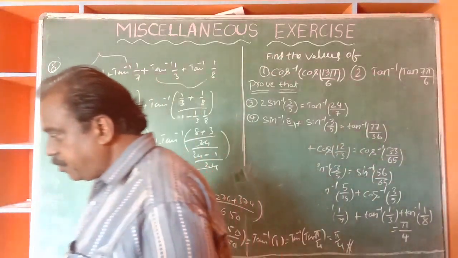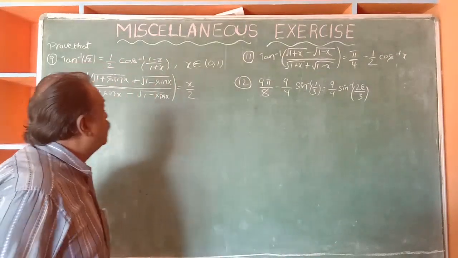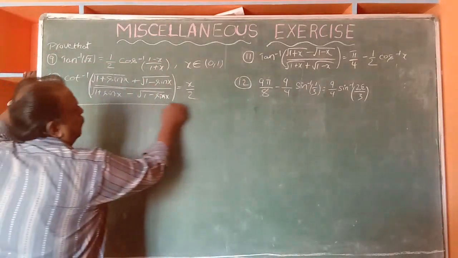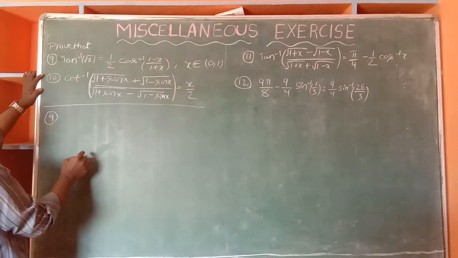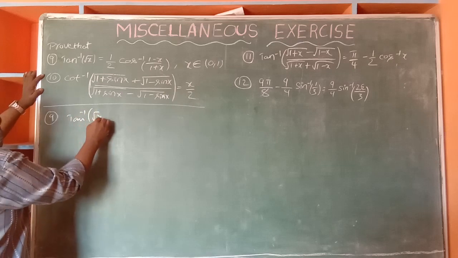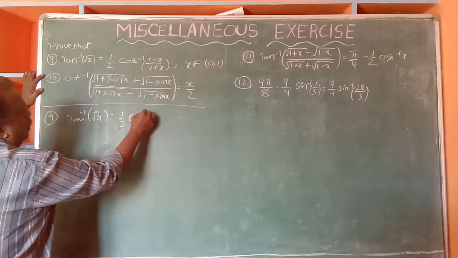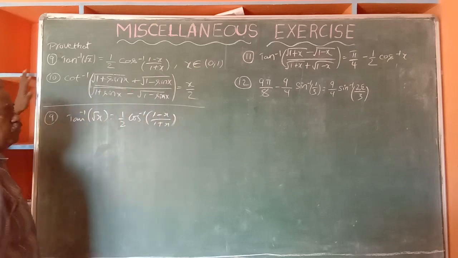Okay. Next, 9th problem. Solution. Here the problem is tan inverse root x equals 1 by 2 cos inverse of 1 minus x by 1 plus x, you have to prove.